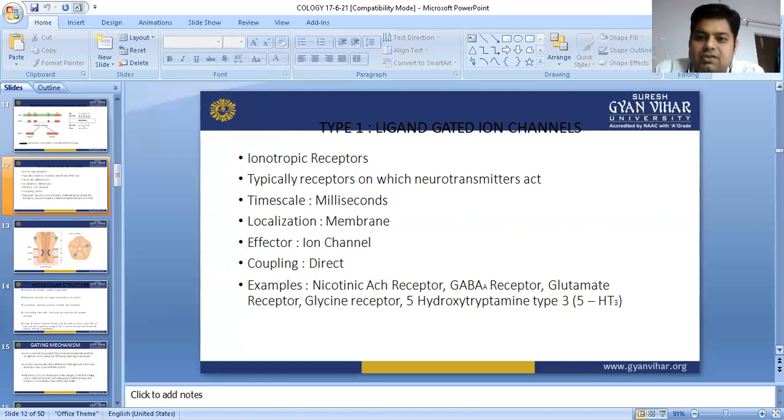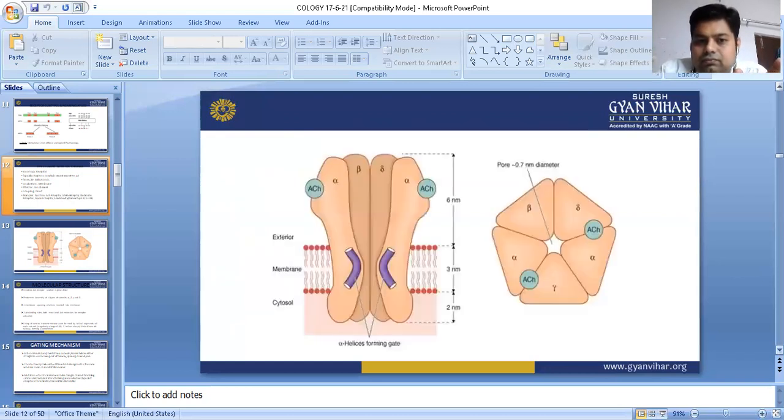So we should remember the examples of receptors and their time scale: they are available on the membrane, they take milliseconds, and the examples are nicotinic receptors, glycine receptor, glutamate receptor, GABA receptor, 5-HT3 receptor, and the NMDA receptor, which is also a ligand gated ion channel.